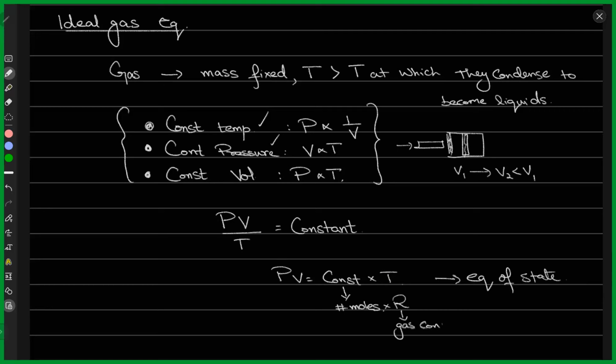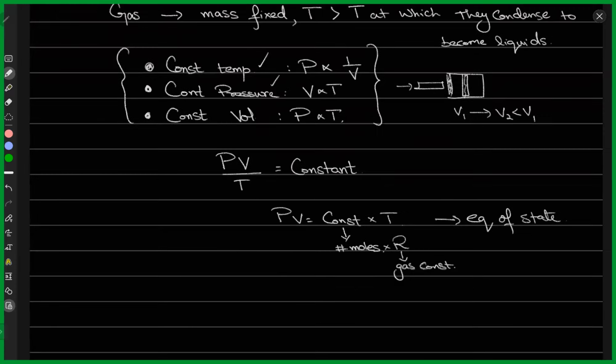Now you can think of it in many ways, right? Suppose I'm just talking about one particular mole. In that case, this constant is just the gas constant, or really what I did was I absorbed the number of moles in this constant. But let's not do that.